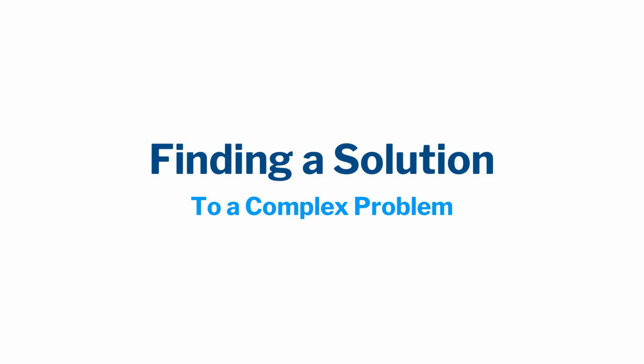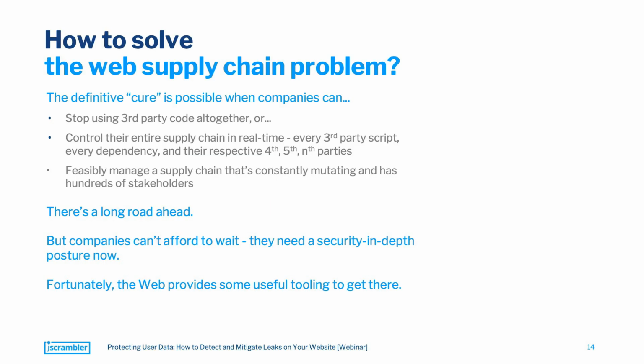Just like Jasvir mentioned, the problem of websites leaking data due to the lack of web supply chain security isn't a simple one to solve, given how complex these supply chains are today. But if we're looking for a solution to this problem, it makes sense to wonder if there's a definitive cure.